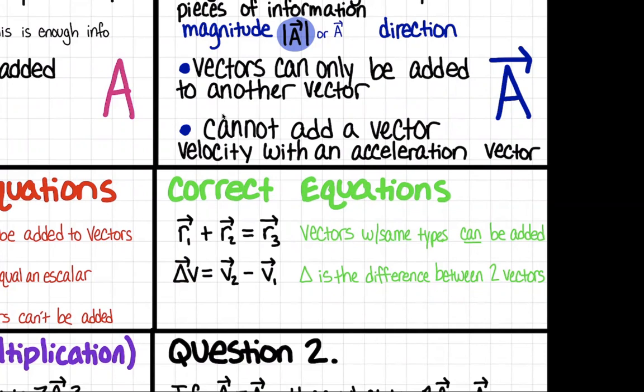If this is vector v1 and this is vector v2, then v2 minus v1 equals delta v. Right here, this is your delta vector v, okay?